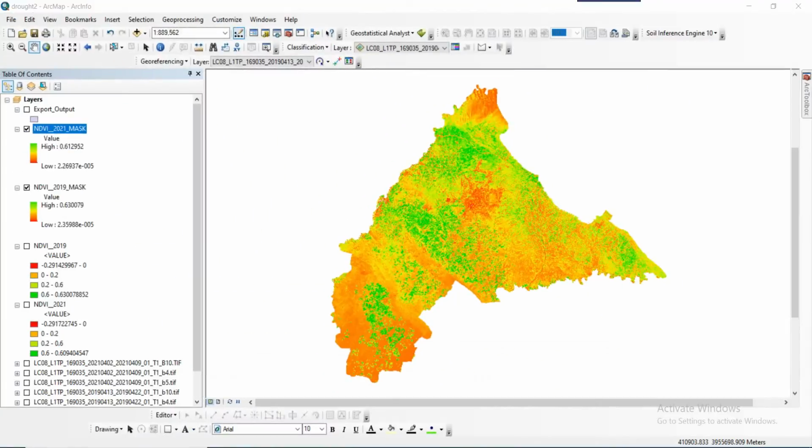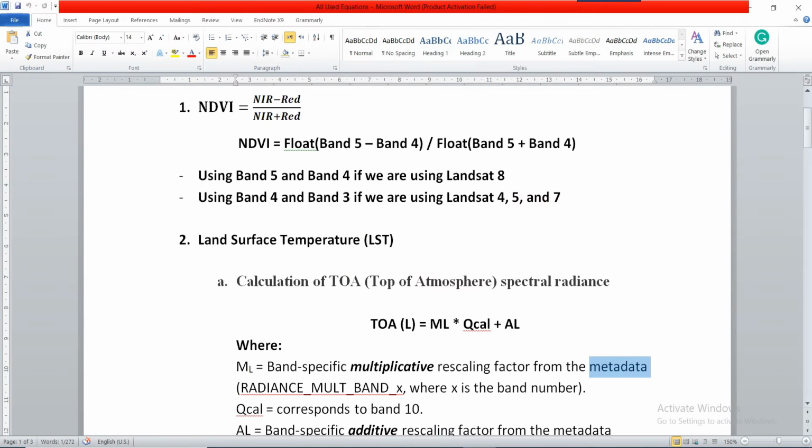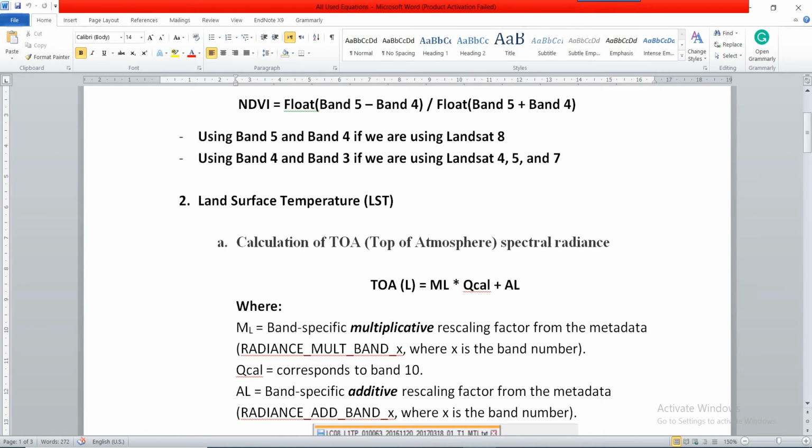Well, after calculating the NDVI, we are now about to calculate the LST, which is the land surface temperature. And in order to calculate the LST, we have some steps to obtain the land surface temperature.